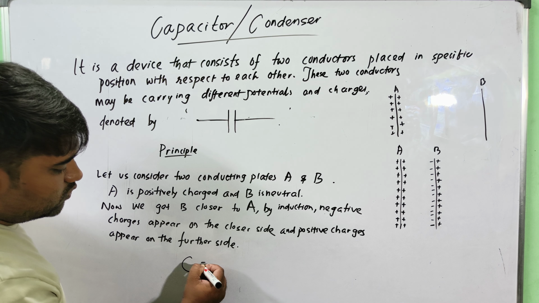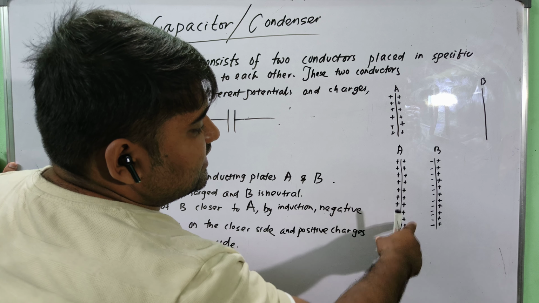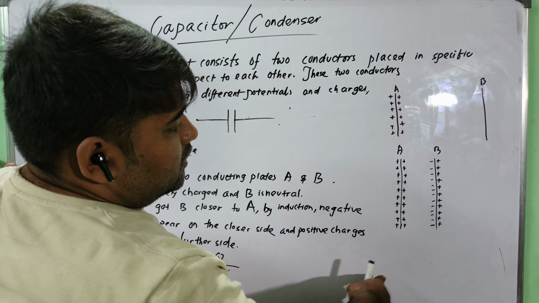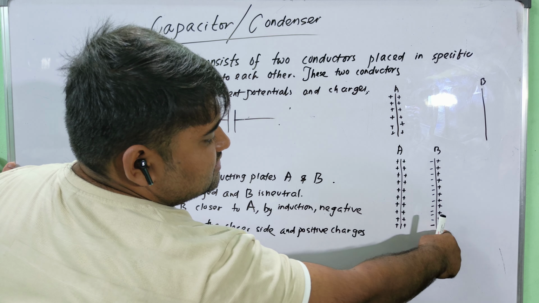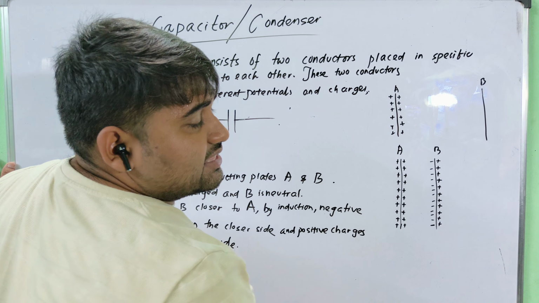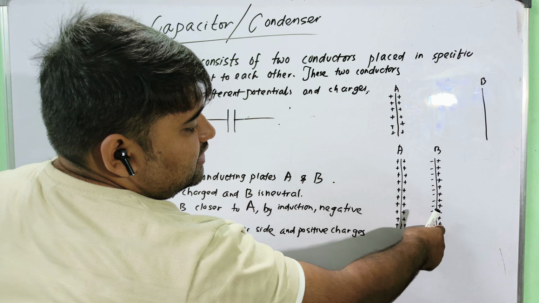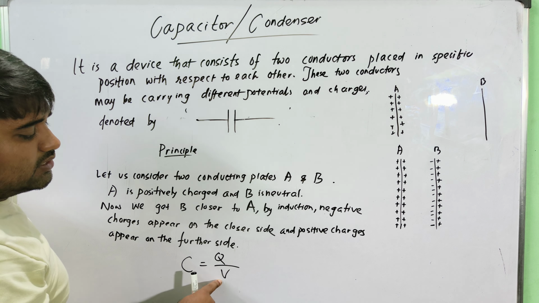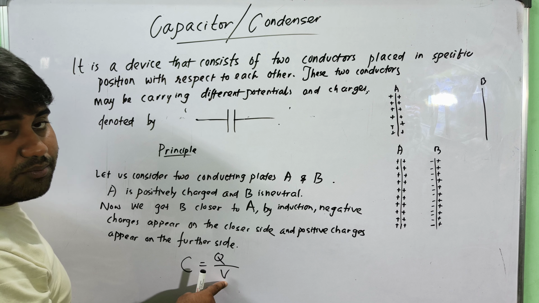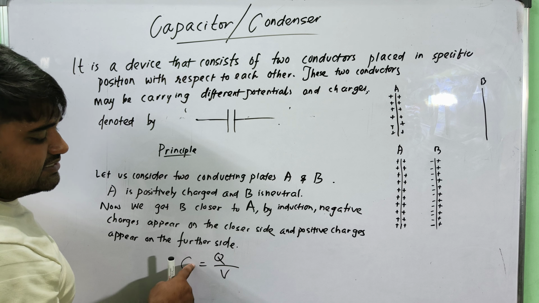As we know, C is equal to Q upon V. If V decreases, C increases, since they are inversely proportional.